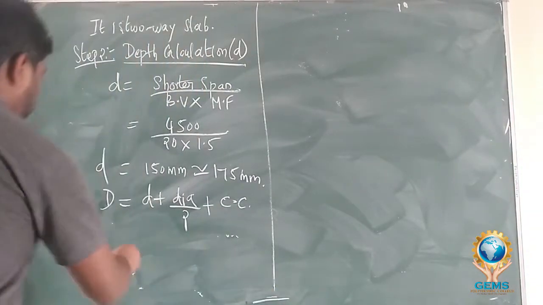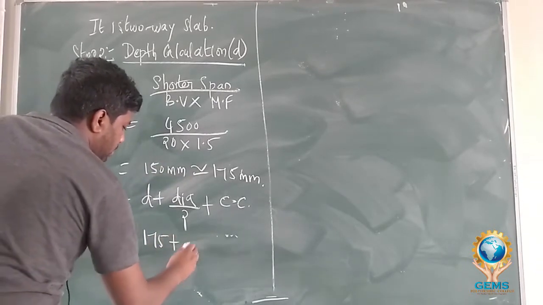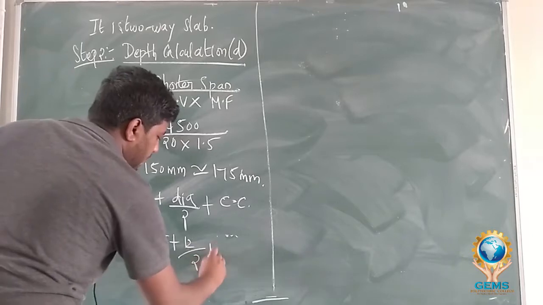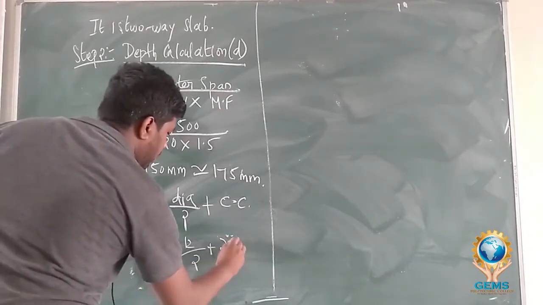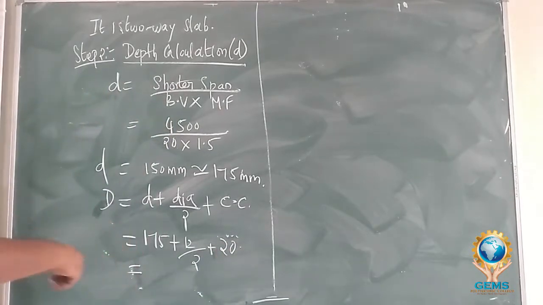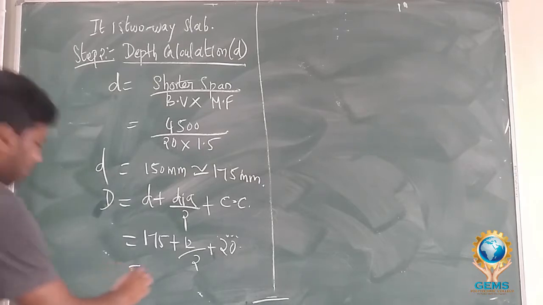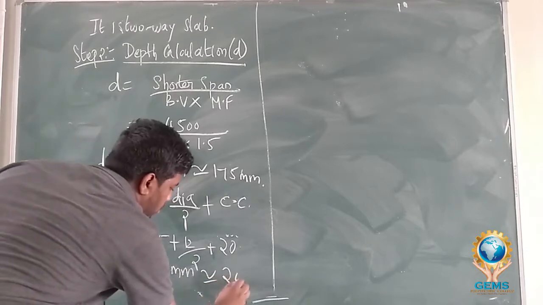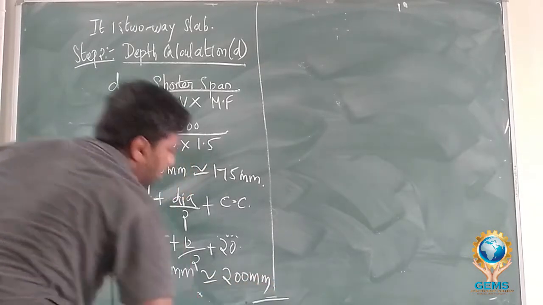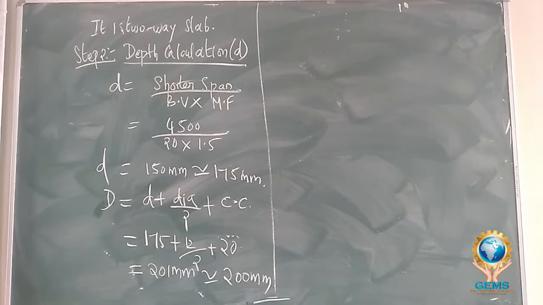So D is equal to 175 plus 12 by 2 plus the clear cover, which will be 20. So the answer is 175 plus 6 plus 20, which is 201 mm. You can take it as around 200 mm. This is the procedure for calculating the effective depth and the overall depth of the slab.